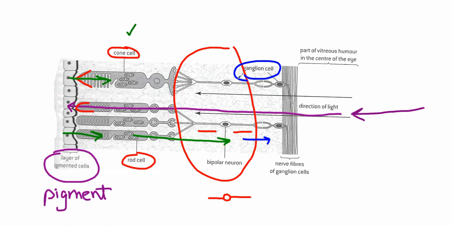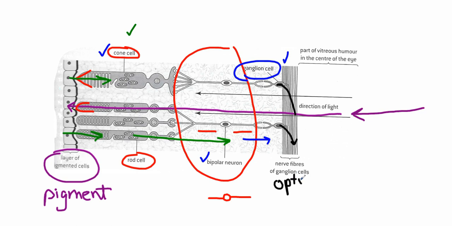So let's review it again. Light comes in all the way through the whole retina, bounces off the pigment, then goes to the cones and rods, then to the bipolar cells, and then to the ganglion cells. The ganglion cells bring the signals all together into a nerve fiber, which we call the optic nerve.